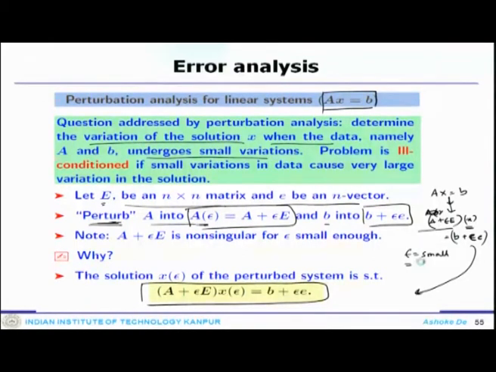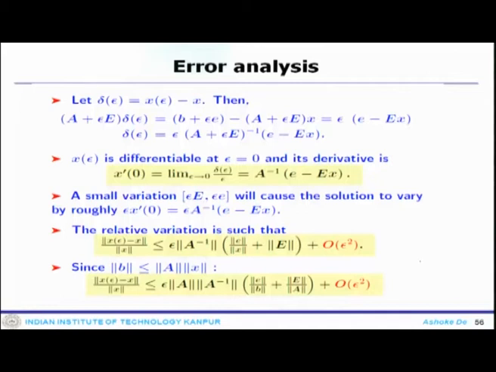Now you assume the difference. Delta here represents the difference in the solution. So, you get a perturbed solution and the actual solution, and that difference is represented as delta epsilon.